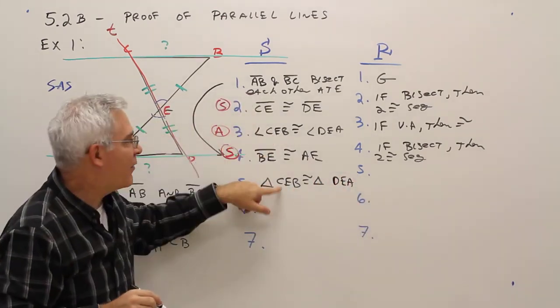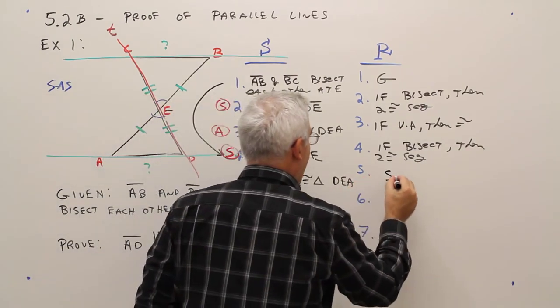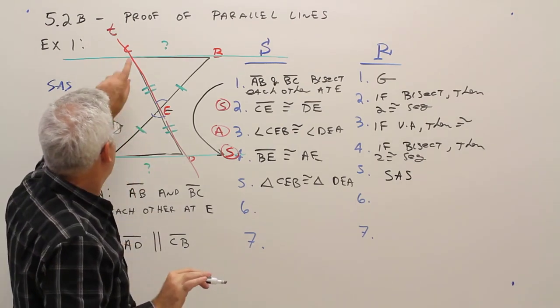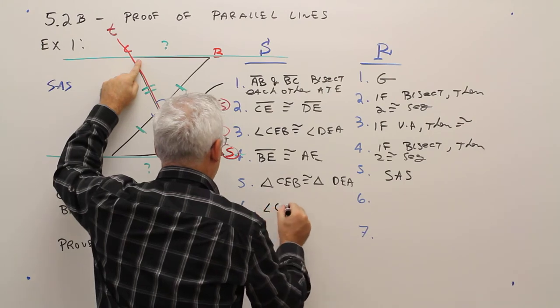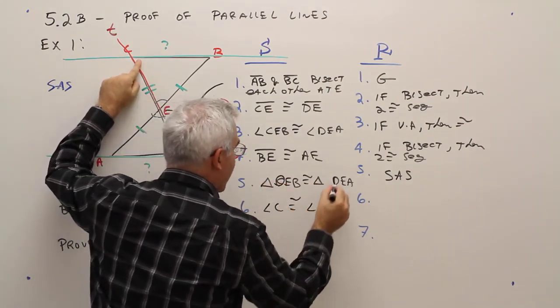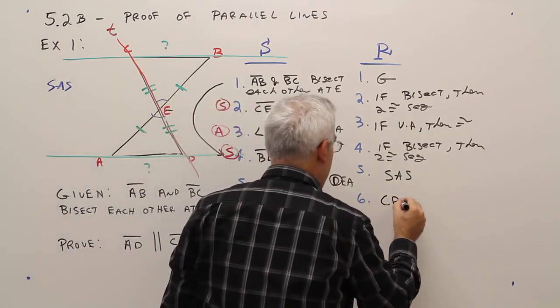And I usually do my angles in the same order just as a helpful memory device. And that would be by SAS. Then getting the angles, I could just use 1 letter there. So angle C would be congruent to angle D by CPCTC.